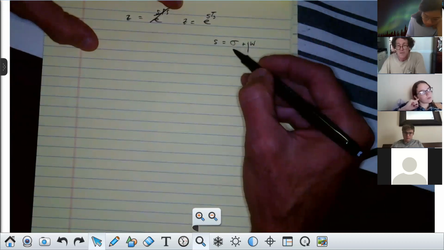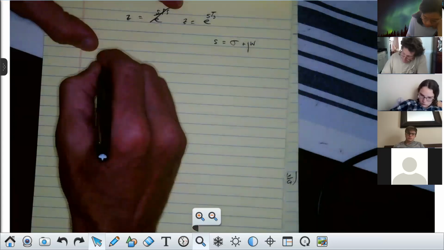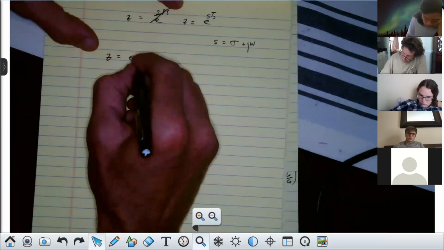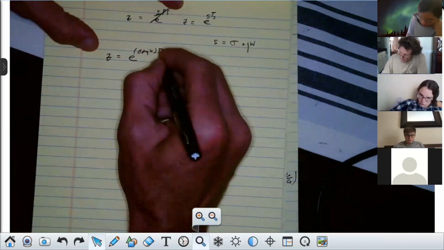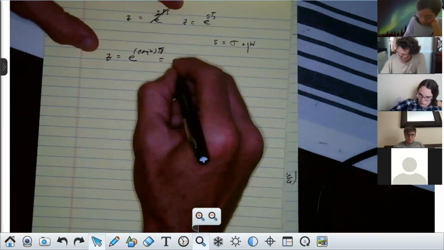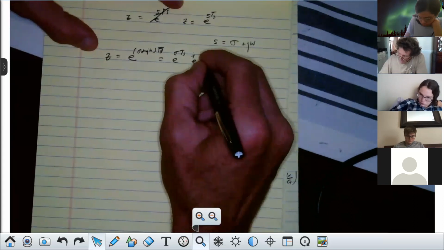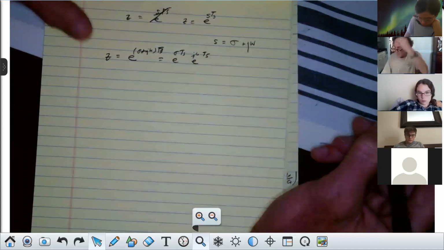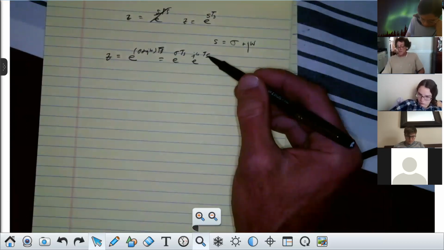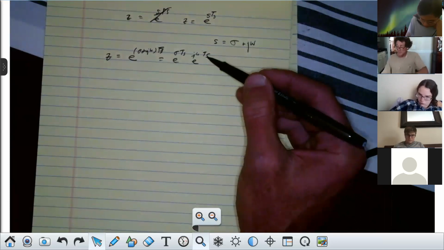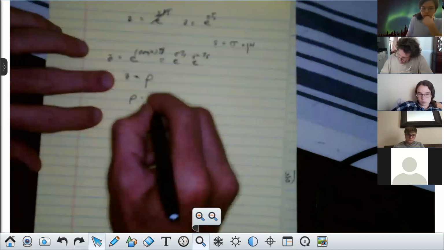The sigma is something that causes damping of the signal. Now we look at z, and that's equal to e to the sigma plus j omega times Ts, right? Or it's e to the sigma Ts, right there, times e to the j omega Ts. Remember, e to the j omega Ts is really capital omega. And here, z is really equal to some rho, where rho is a radial distance.